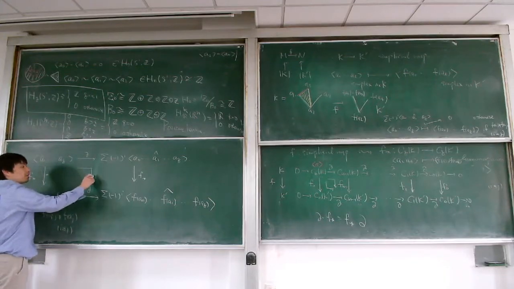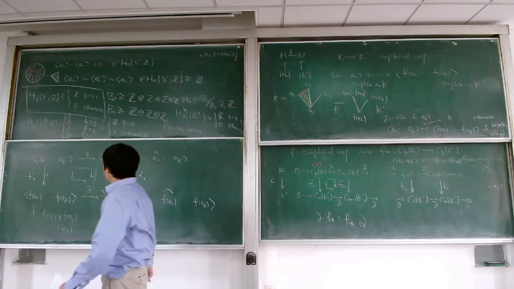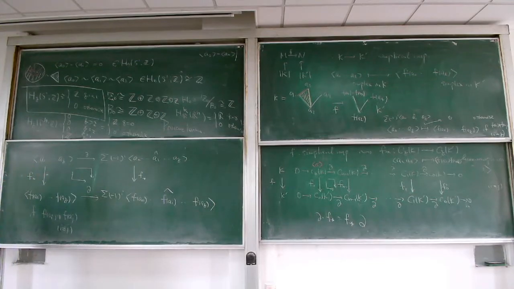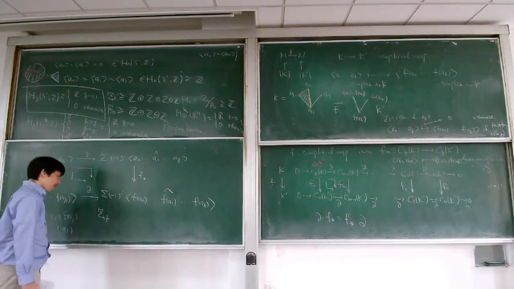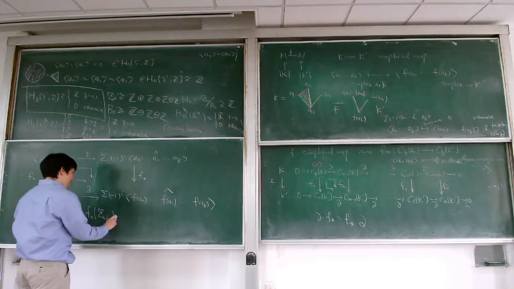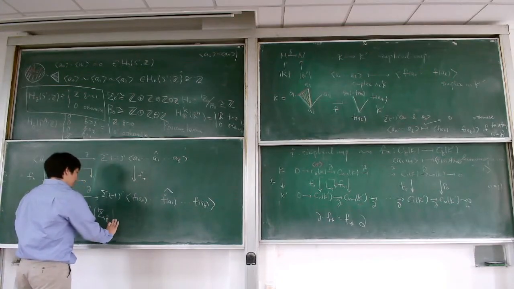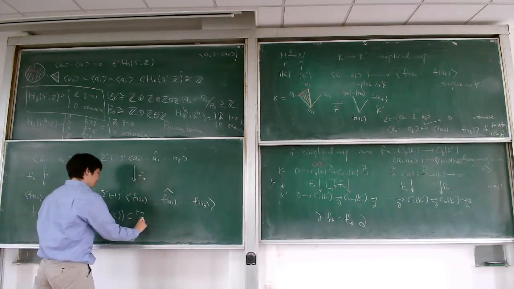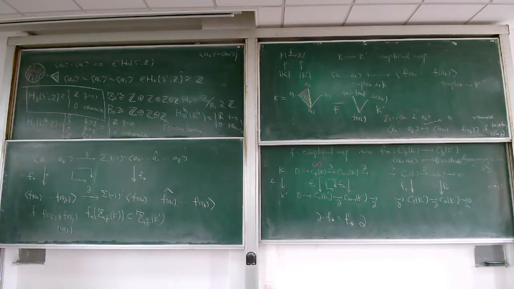Therefore, you can easily see this way and this way are the same. That's what we mean here. Do you understand?